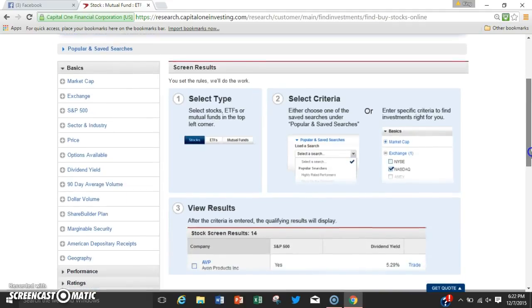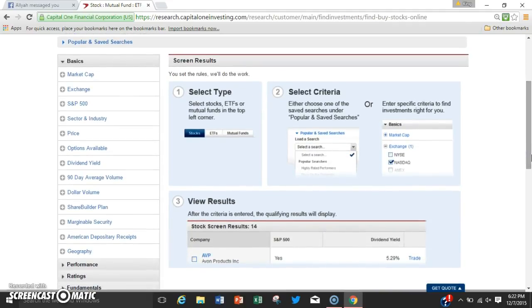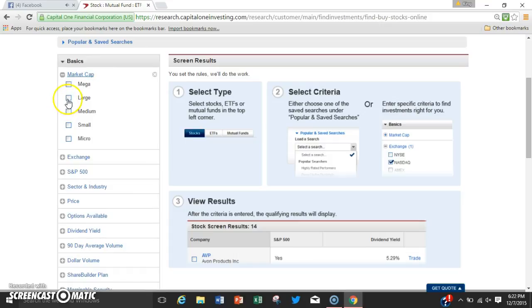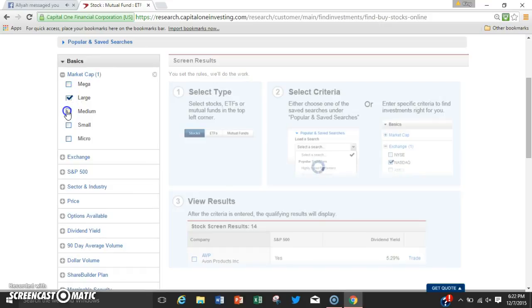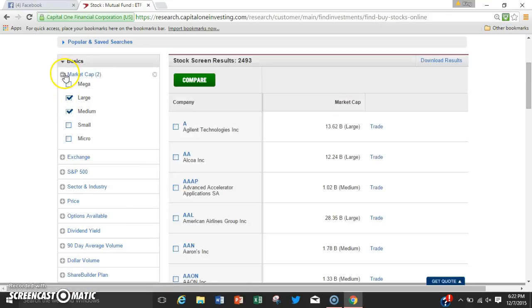Now, personally, I don't usually buy stocks more than $20 each, just because I'm cheap. I mean, there's no way around it. I'm cheap, so I usually pick large and medium cap.